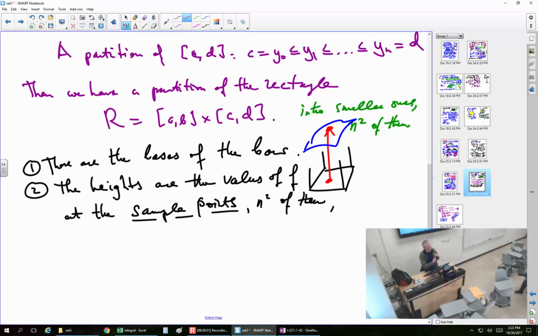Now it's a surface, but everything is pretty much the same, and that becomes the height. The only tricky thing is you have to design a way to keep record of those sample points, and they are double indexed points. Say S, how should I put it?